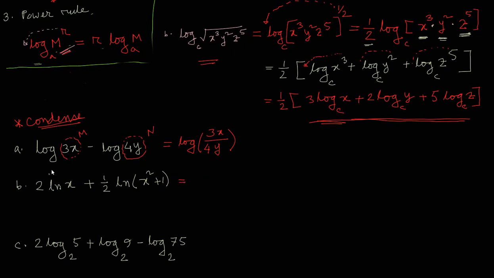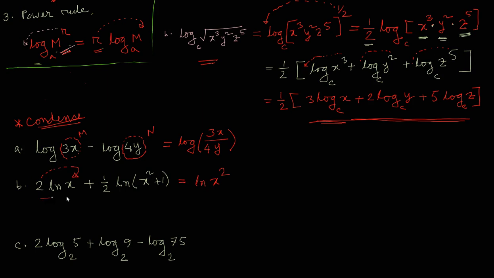Okay, so now let's look at the second problem. First of all, if I have a number at the front of a logarithm, I can take it as a power of m. So that 2 can come as a power of x. So I can write natural logarithm x power 2.